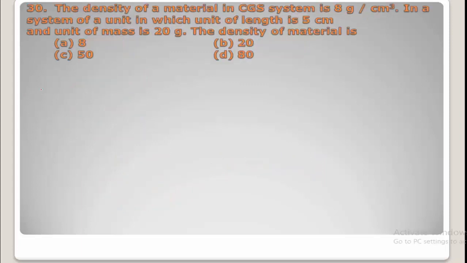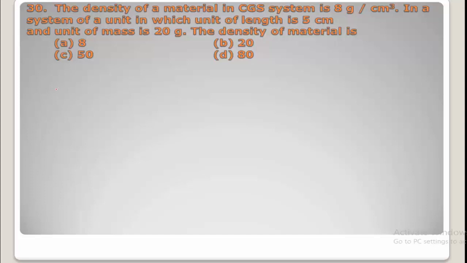The density of a material in the CGS system is 8 gram per centimeter cube. In a system of units in which the unit of length is 5 centimeter and the unit of mass is 20 gram, what is the density of the material? We will find a shortcut for this.